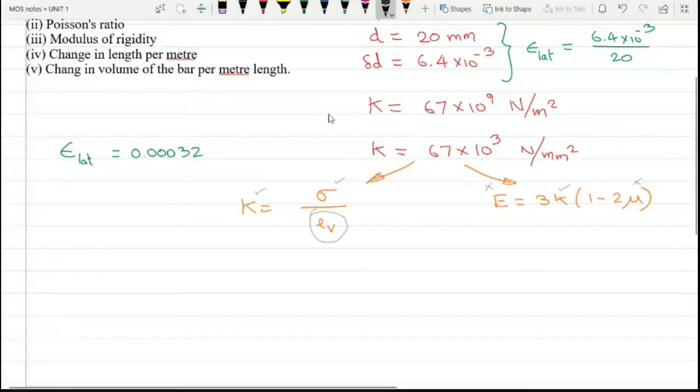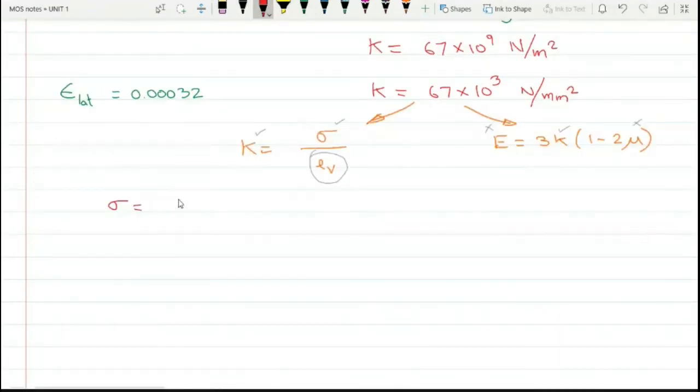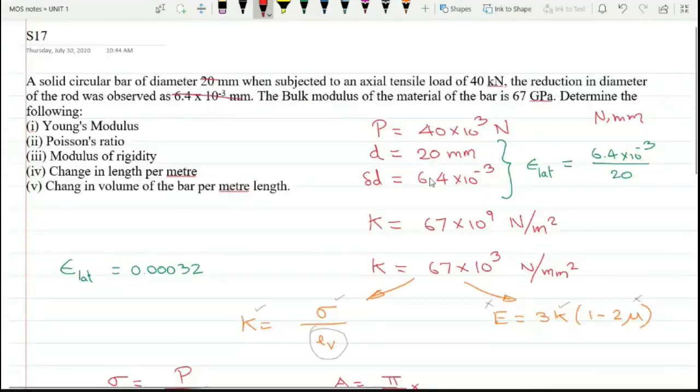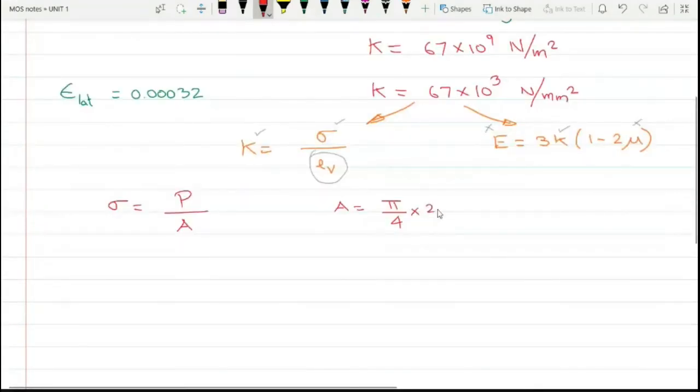So now let me identify my stress. Stress is force by cross-sectional area. First, I will identify my area. Area is pi by 4 into d square. Here your cross-section area is, with 20 squared, similar to the previous problem, 314.17 mm square.